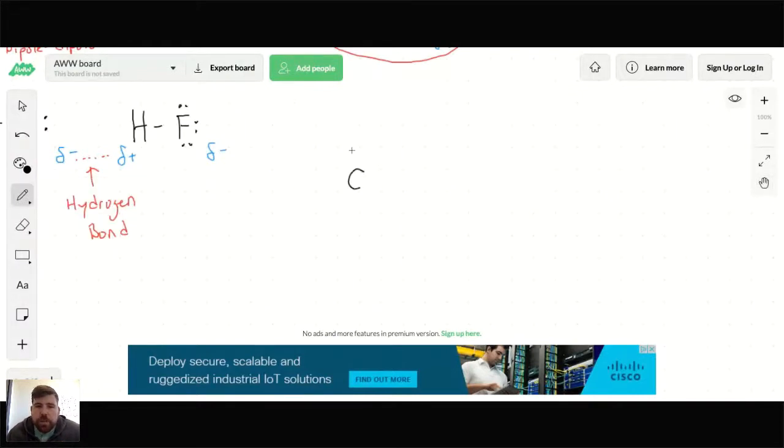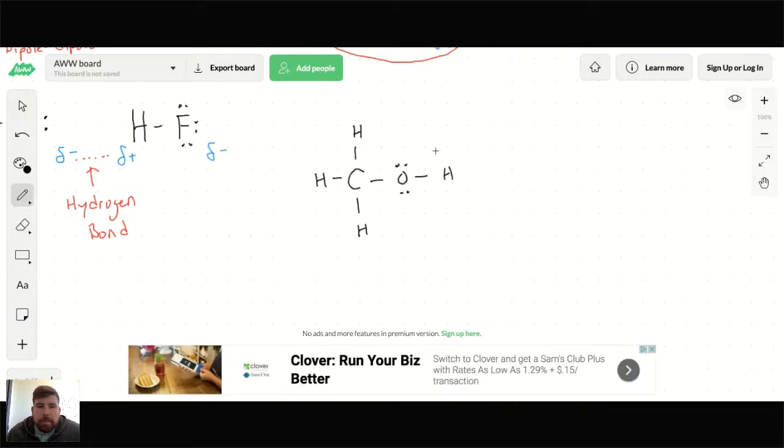The Lewis structure for methanol has 3 hydrogens bonded to carbon. The last one is single bonded to an oxygen, which is then bonded to a hydrogen. Because you have the hydrogen directly bonded to the oxygen, that makes this hydrogen very partially positive and this oxygen very partially negative.